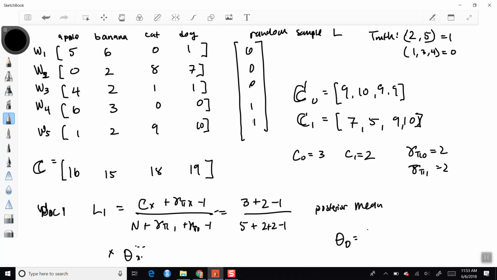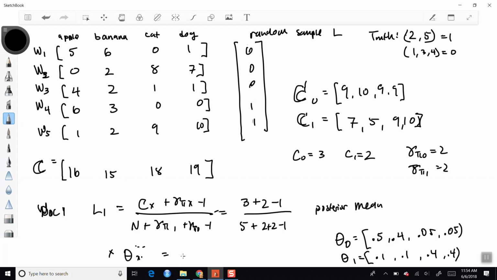If it's a document about fruit, you've got high probability of using the word apple, high probability of using the word banana, and then 0.05 and 0.05. Whereas if it's a document about animals, we might have 0.1, 0.1, and 0.4, and 0.4. Then we would multiply this by our word counts.